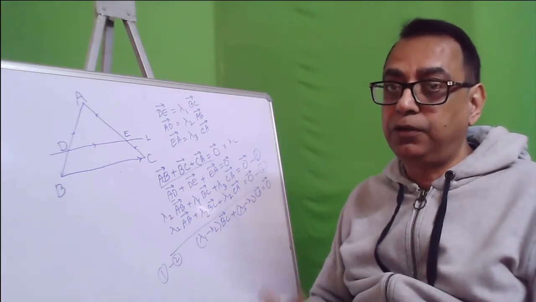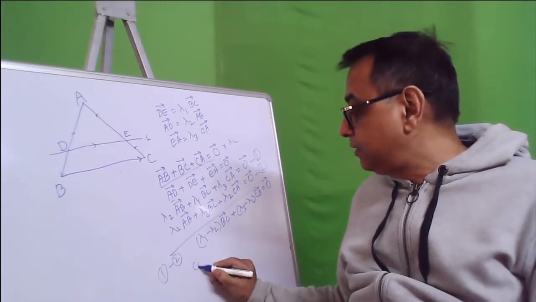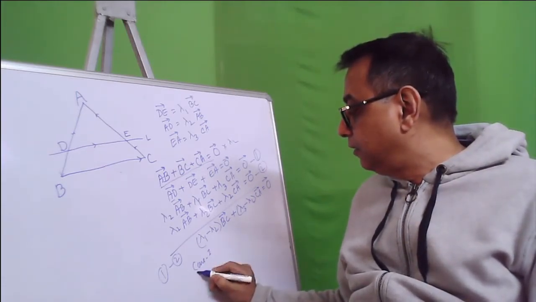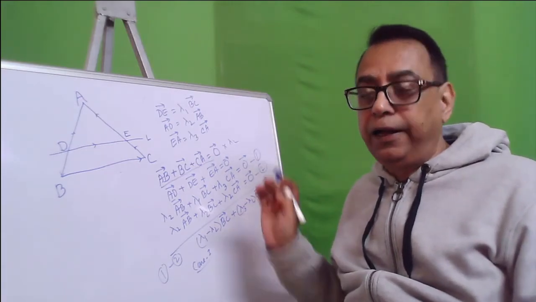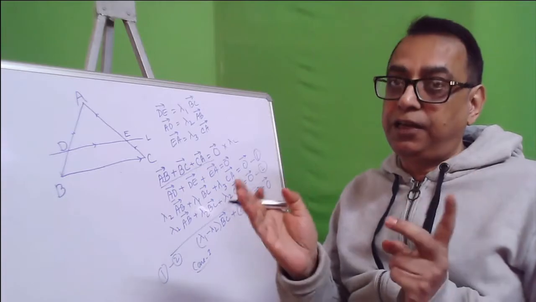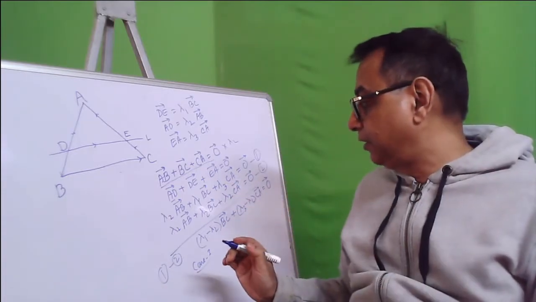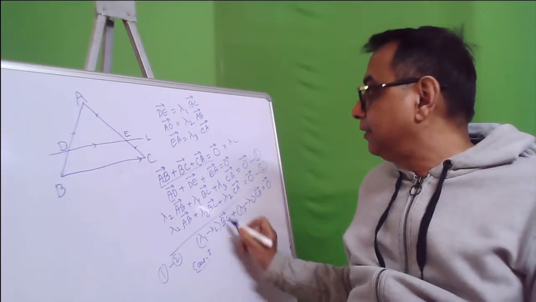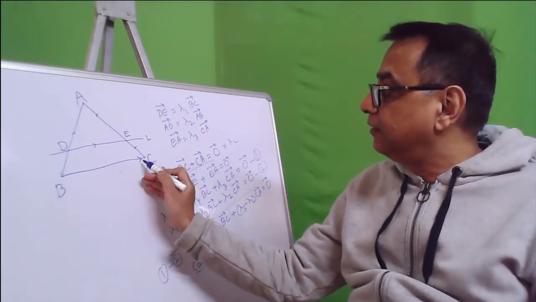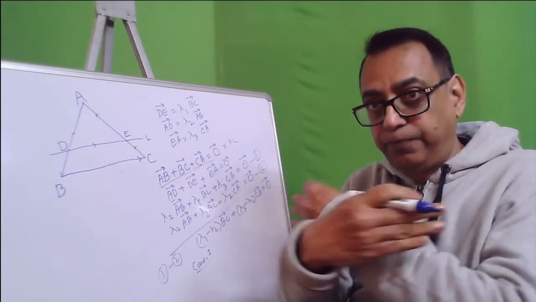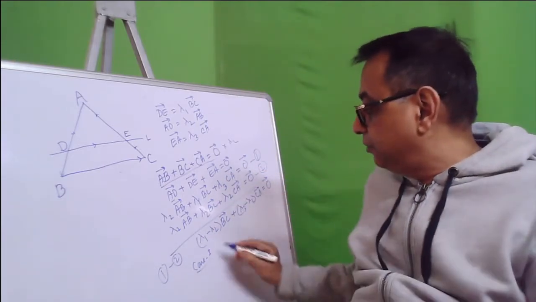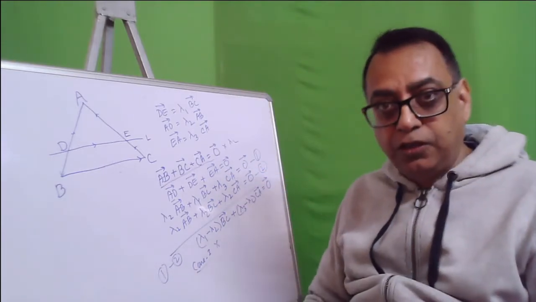What are the possibilities? Case 1 is these two vectors are equal in magnitude and exactly opposite in direction. But since it is a triangle, vectors BC and CA cannot be in opposite directions, right? So case 1 is not there.